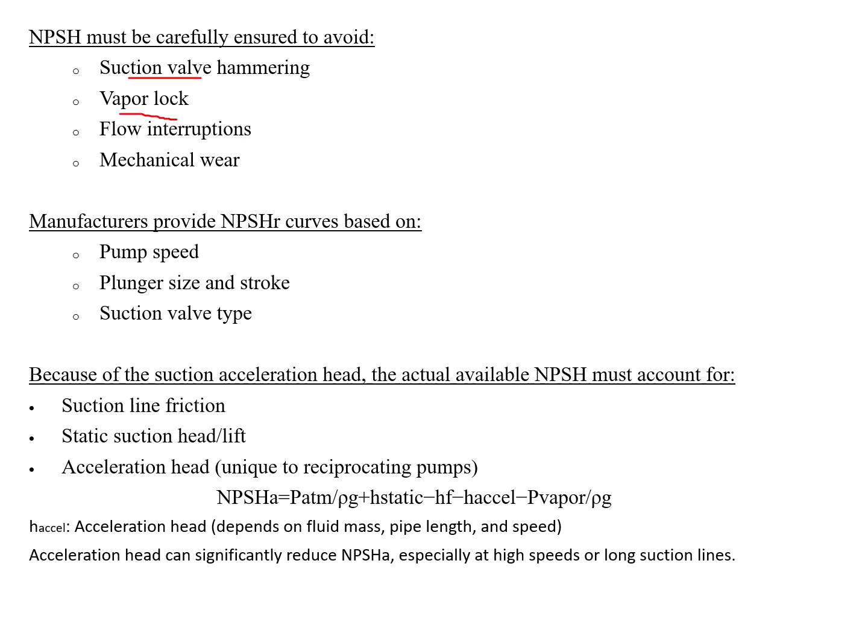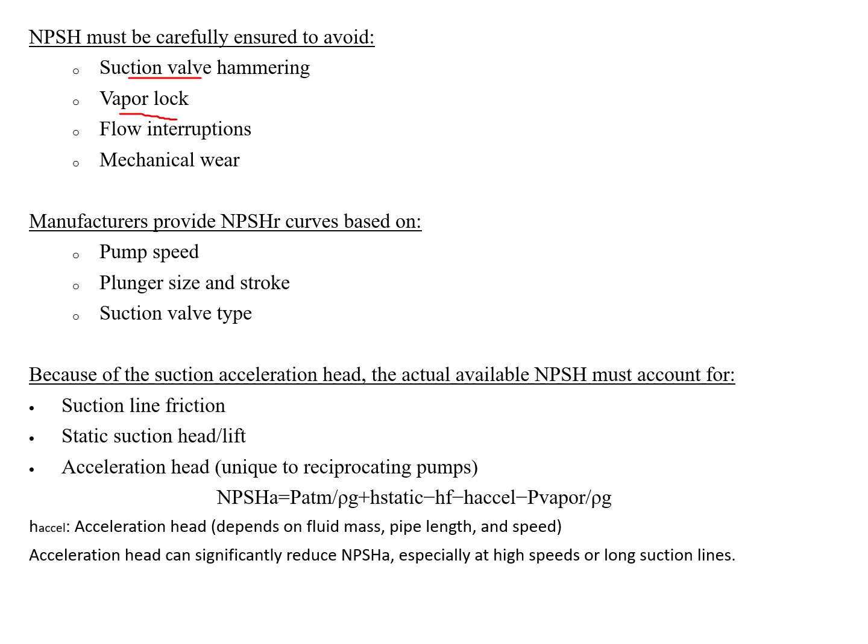It is like we are compressing vapor in the case of a positive displacement pump, because if flashing happens, then you will have vapor, and when you are compressing, you will compress the liquid with the vapor, and this will make a vapor lock, which will cause a lot of damage. It might break your pump. And of course, we need to avoid this vapor so that there will be no flow interruptions and no mechanical wear.